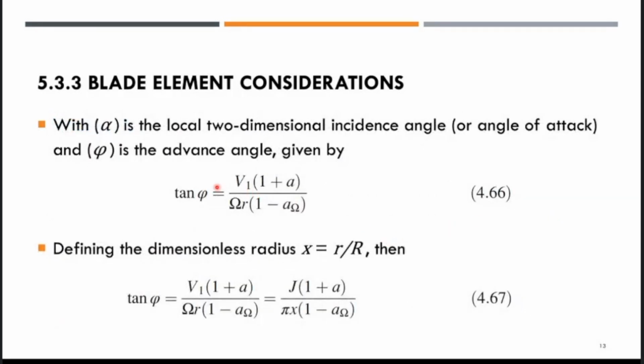Okay, so we can express the advance angle phi in terms of the inflow factor and the angular velocity, in equation 4.66, and we can then define the dimensionless radius x, which is equal to the radius r over the big R. Then you can get this expression, 4.67.